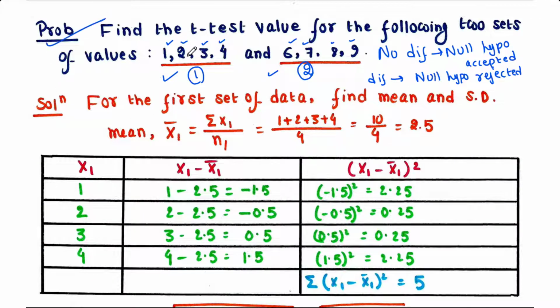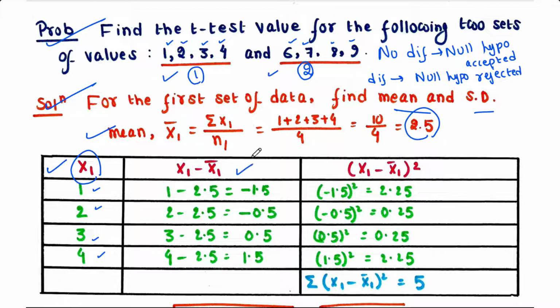Now let's solve this problem. So for the first set of data, find mean and standard deviation. So mean x1 bar is equal to summation of x1 divided by n1, where we can get the value 2.5. So in this column, we have values of first data set which are represented as x1, that is 1, 2, 3 and 4.